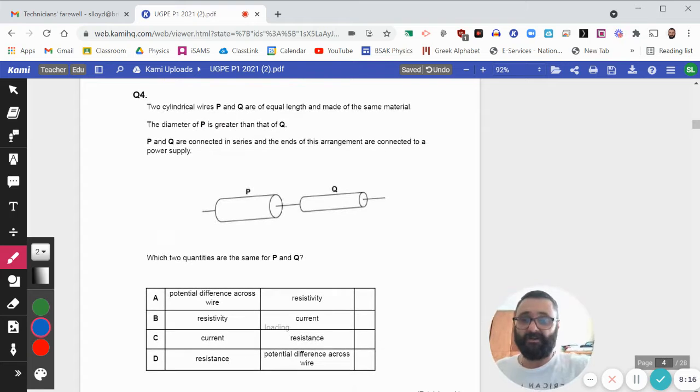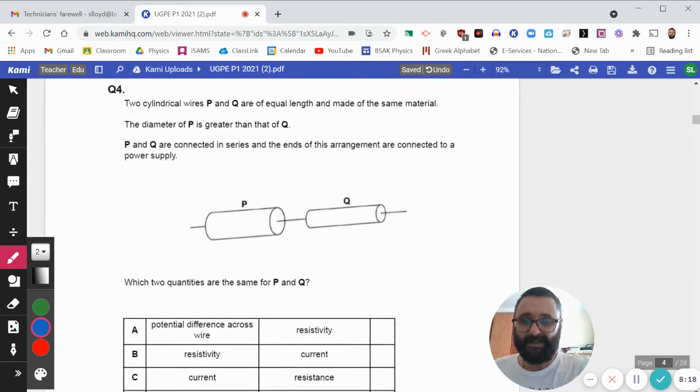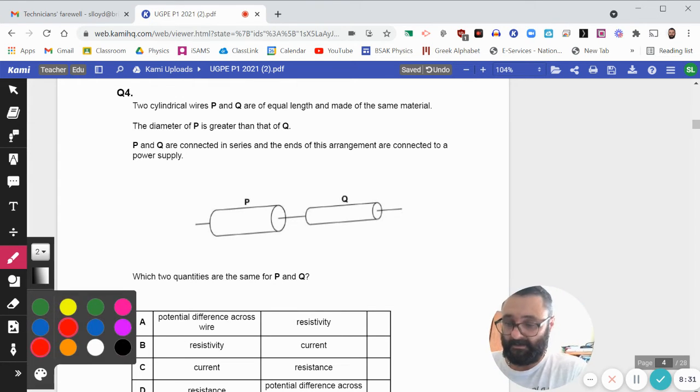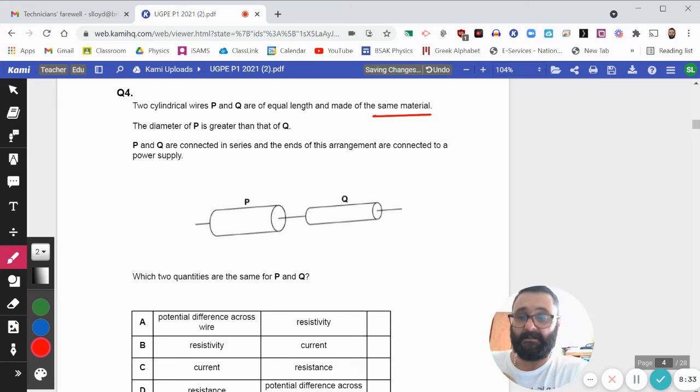Question 4. Right, this question. I don't know why students always struggle with two different cylinders in series with each other. We've got two cylinders. They're made of the same material. Okay, they're connected in series.